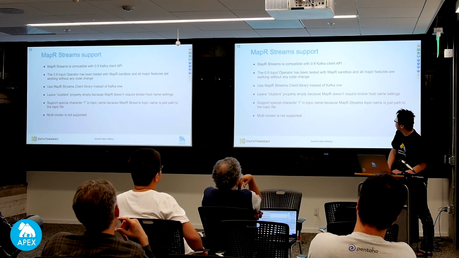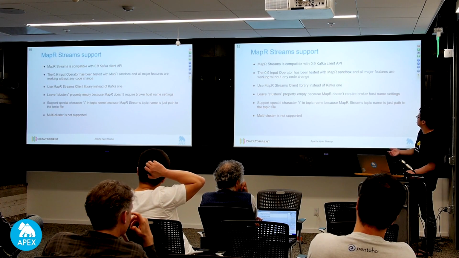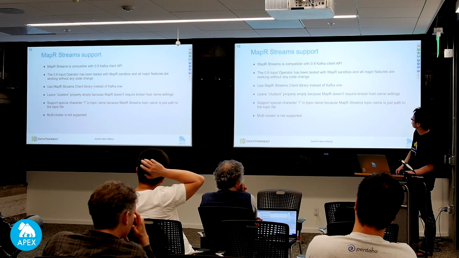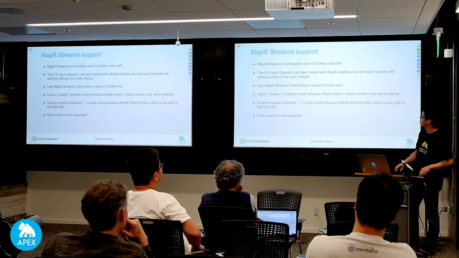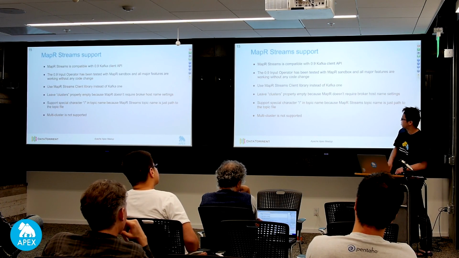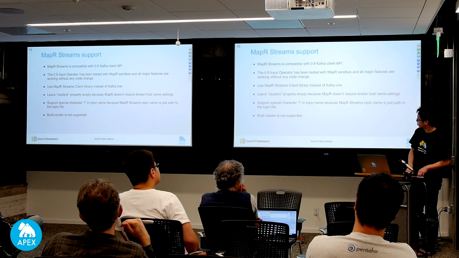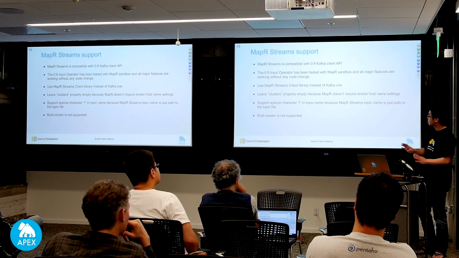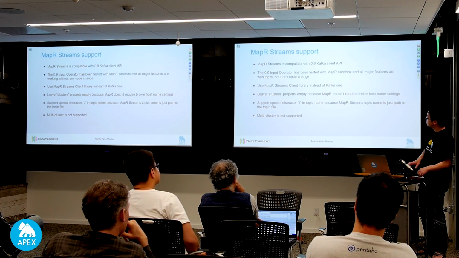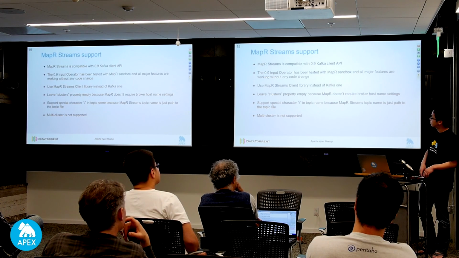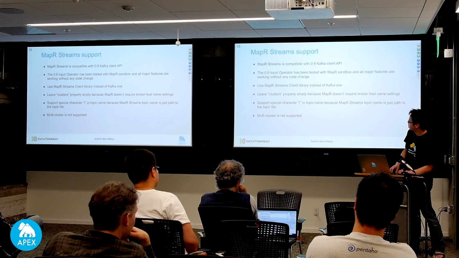So we have tested our input operator on top of the Malhar sandbox, and all the features are working except multi-cluster. And there are some slight differences if you want to use the input operator to consume data from Malhar Stream.